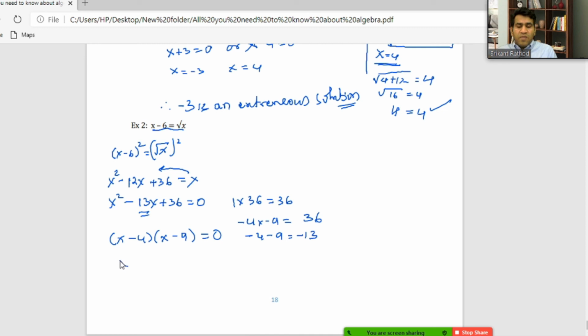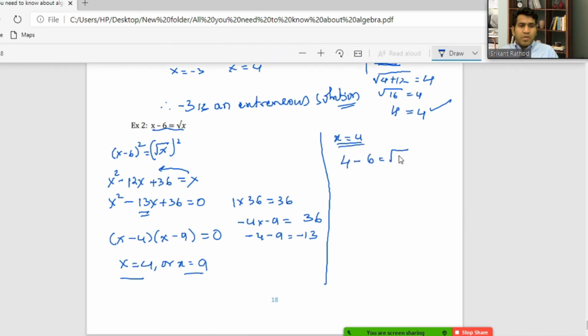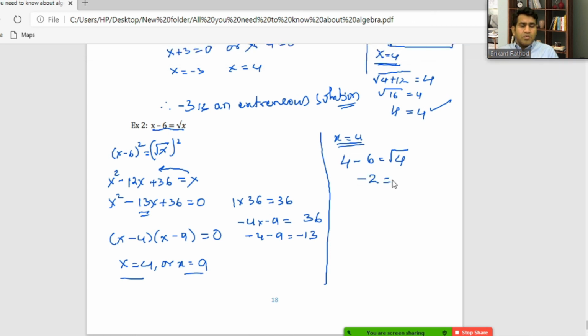From this, the value of x has to be either 4 or 9. Now to identify which is extraneous, you have to substitute these values of x back into the expression. So when x is equal to 4, verify your values. I can write this expression as 4 minus 6 is equal to square root of 4. So 4 minus 6 is minus 2, and the square root of 4 is 2.